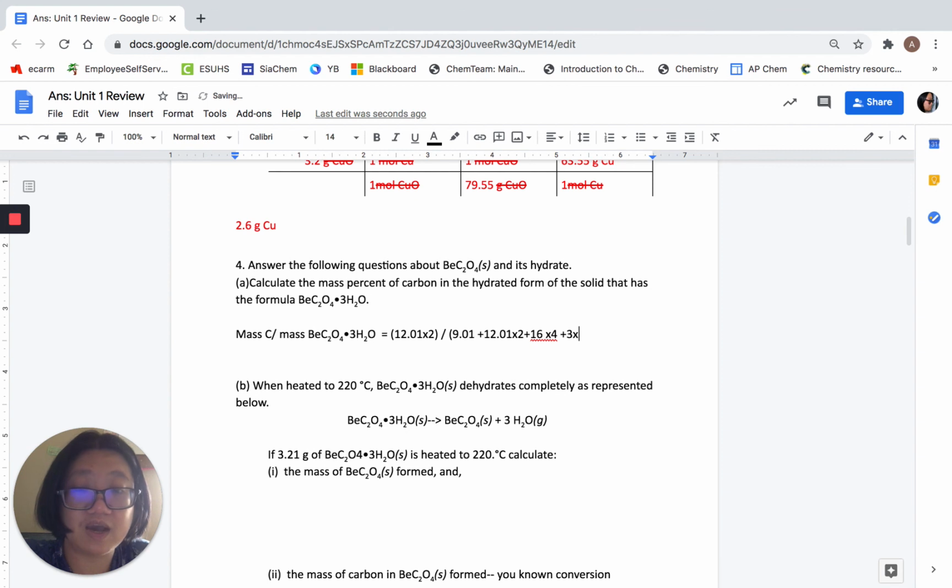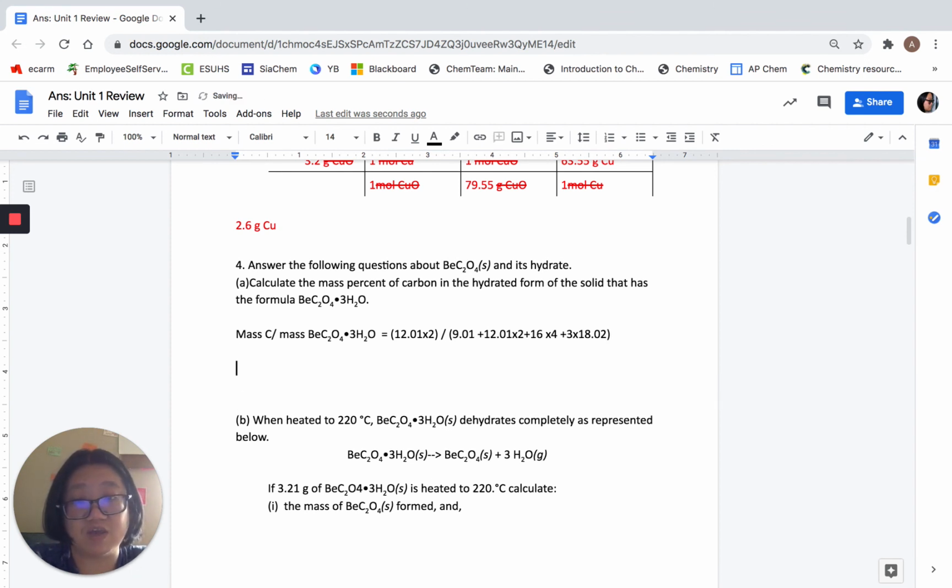So 3 times. If you know the mass of water, you can just go ahead and do that, or you can start with the hydrogen, then oxygen. Either way is fine. So if you know it, that would be the 18.02 of water, which is what I just did. And then when you finish, don't forget to multiply by 100 so that you get your percentage.